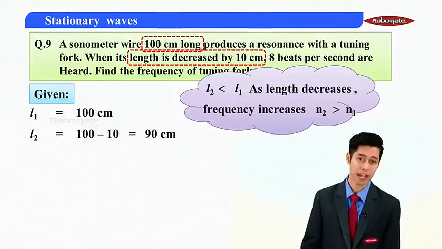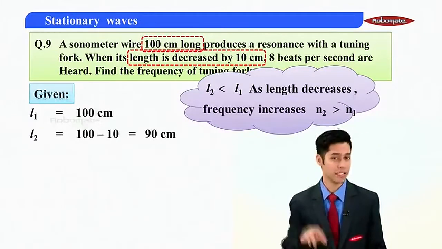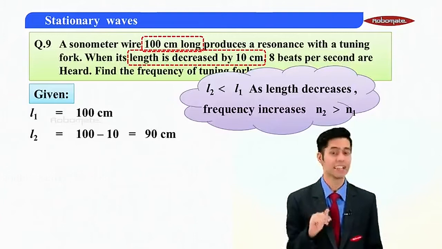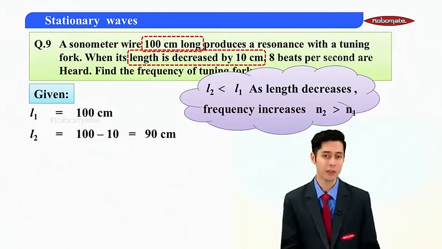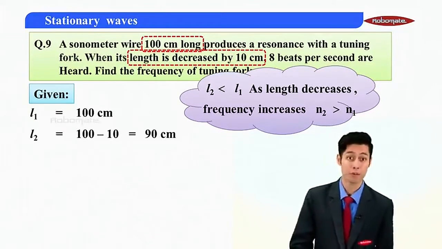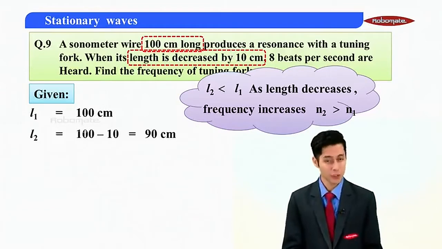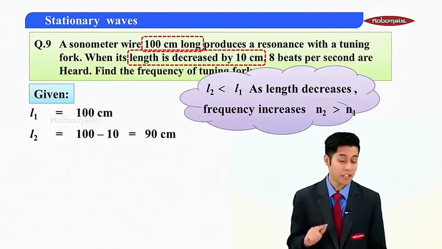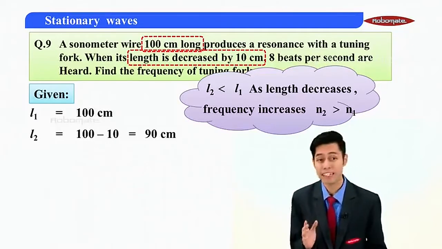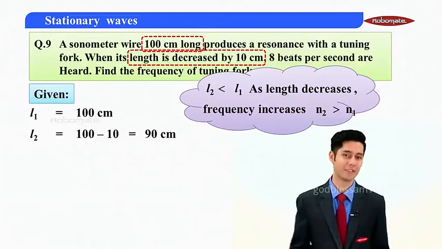Now students, we know that as the length 2 is less than length 1, the frequency must increase. And how do I know that? We know that the frequency was inversely proportional to length from the laws of vibrating string. And so if the length decreases, the frequency must increase. That means the frequency in the second case will be greater than the frequency in the first case. That is why N2 is greater than N1.